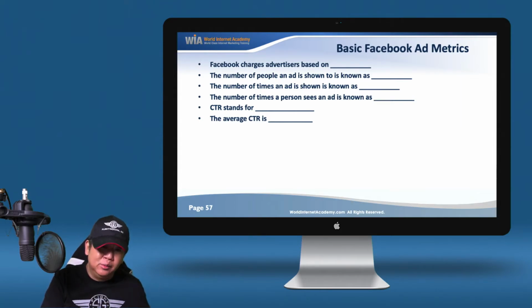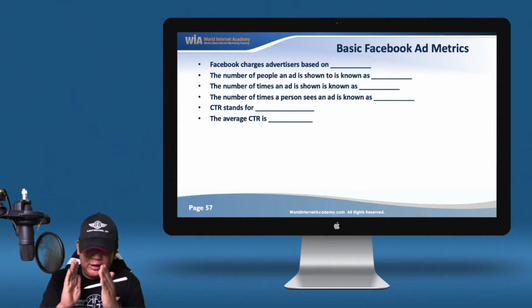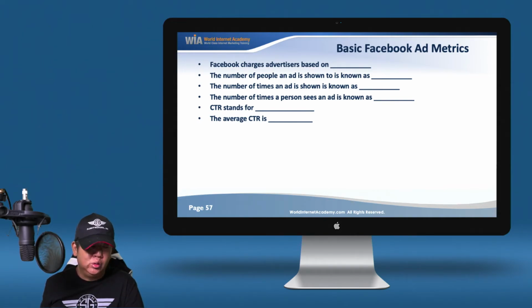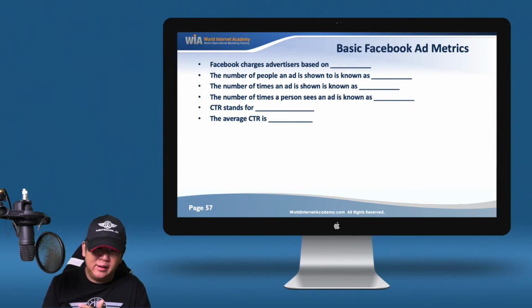But on Facebook, the average is 1%. But if you want to take note of this, Google Ads average CTR should be 5% or better. If you are performing at below 5%, you are underperforming for Google search ads. I'm going to explain why when we get there one day, right? So let's proceed.